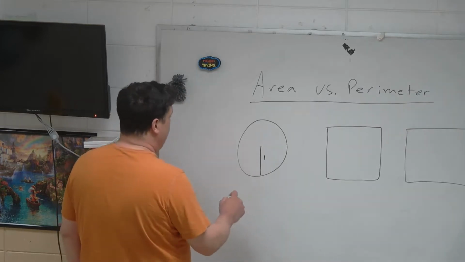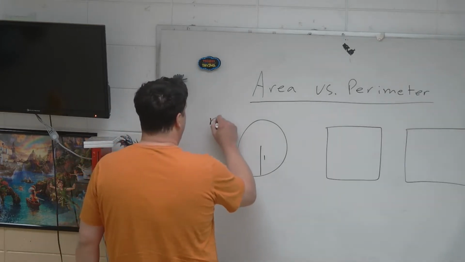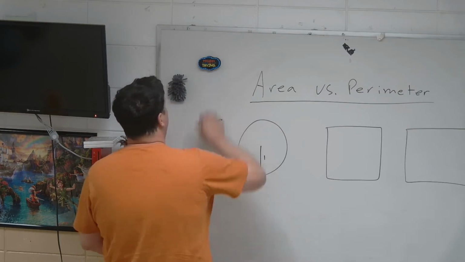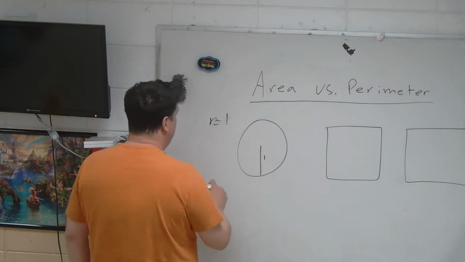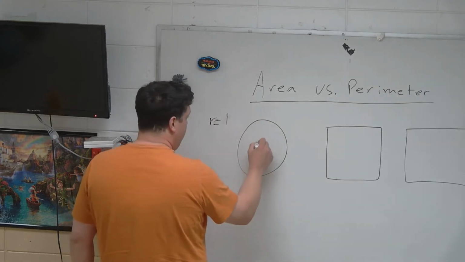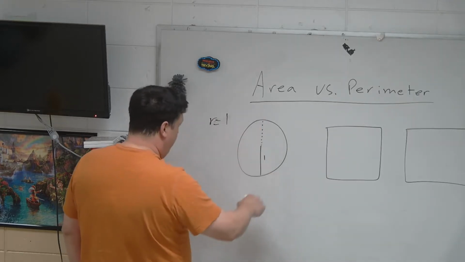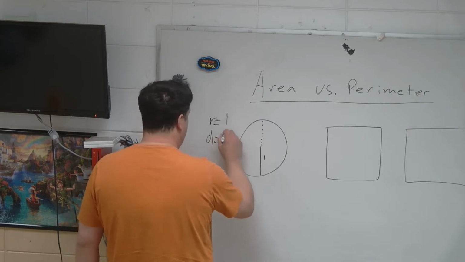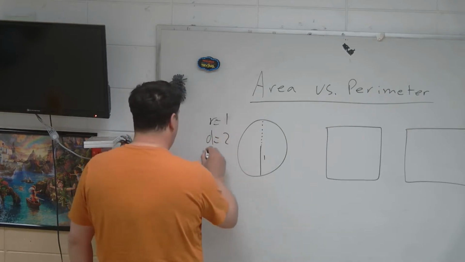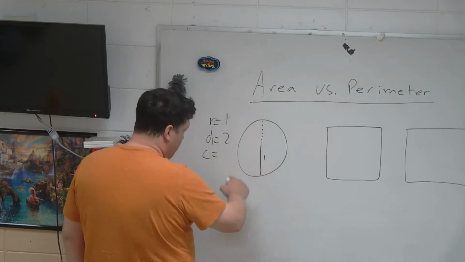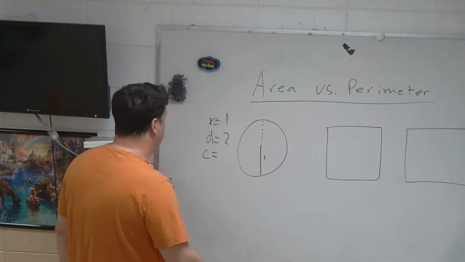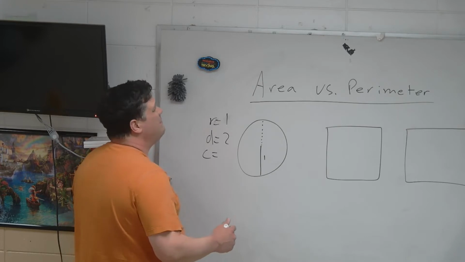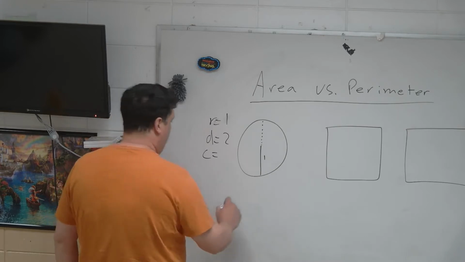So if it's got a radius of 1, if r equals 1, then that means diameter, that's all the way across the circle, equals 2. And that means that circumference, which is all the way around the outside of the circle, that's the perimeter of the circle, has to equal pi times diameter.